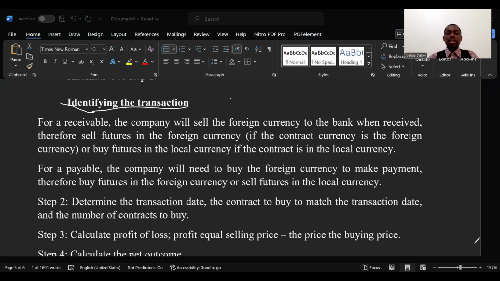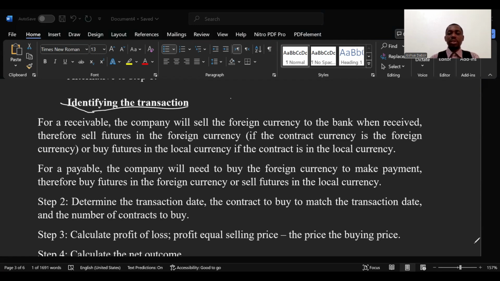So at the end of the day, the company will need to buy the foreign currency to make the payments. If that is the case, the company will either buy futures in the foreign currency or sell futures in the local currency. That's for a payable.